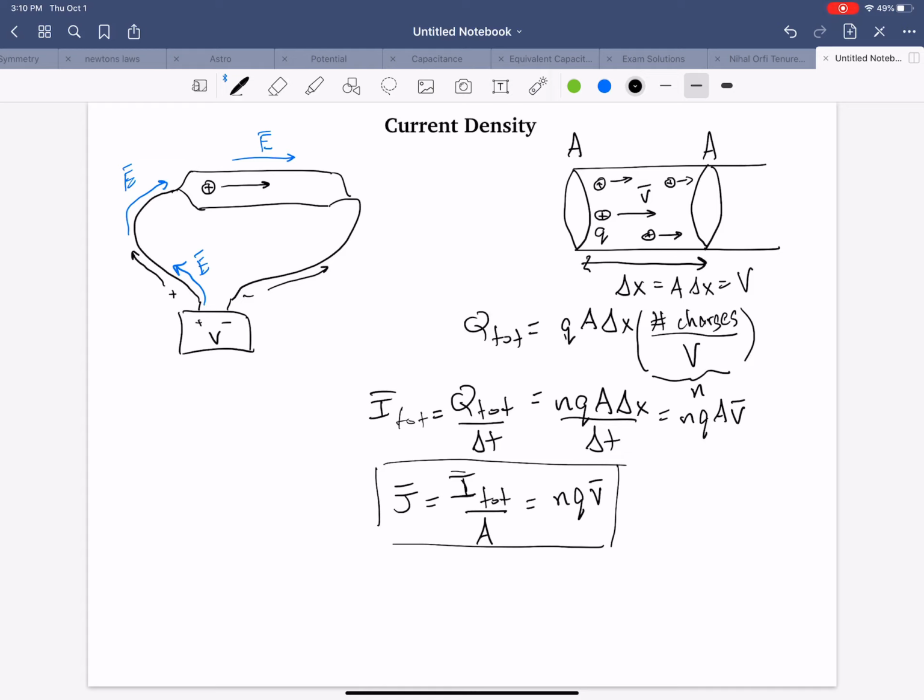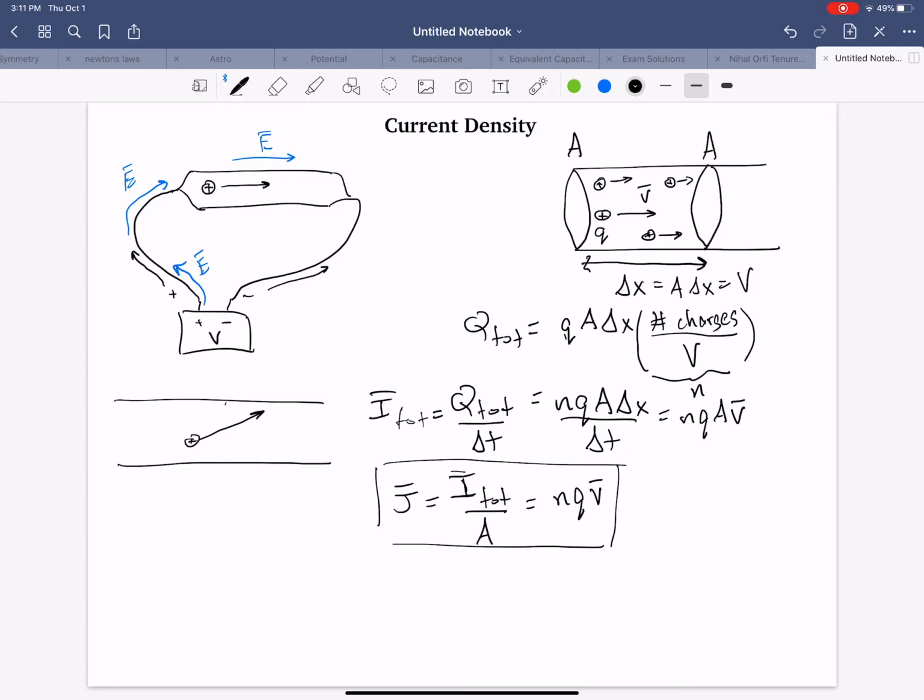Now, what if I ask, what's the current density through part of the wire? Or what if the charges aren't going straight, quote unquote, horizontally through the wire? What if they're going up at some angle? What if they're going like that? What's the current density then?